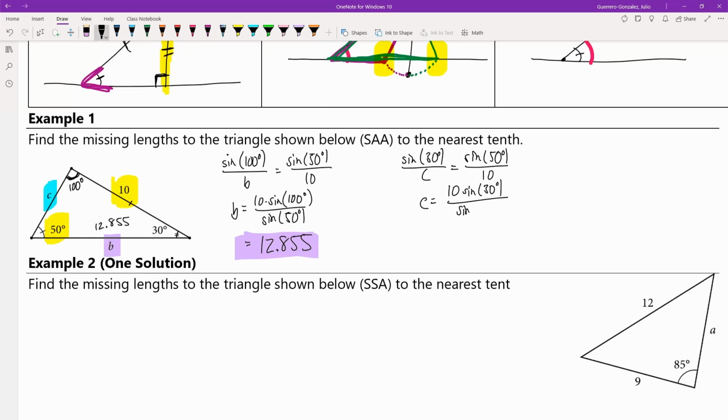Whoopsies. Compute this out. 6.5270. Okay. So that means this right here, 6.5270. There we go. We have completed all the measurements for this triangle.